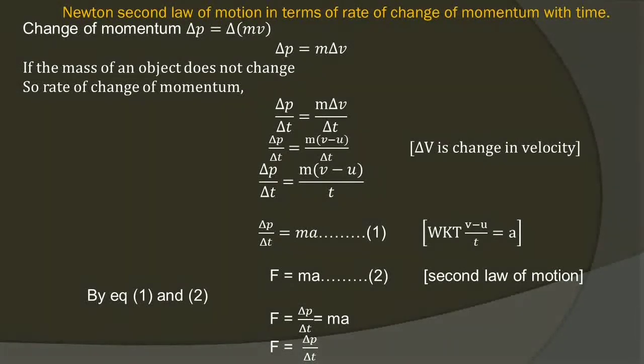You have to differentiate between both mathematical expressions of Newton's second law of motion. The first is the relationship between force, mass and acceleration, and the second is in terms of rate of change of momentum with time, which is F is equal to del p upon del t. Clear?